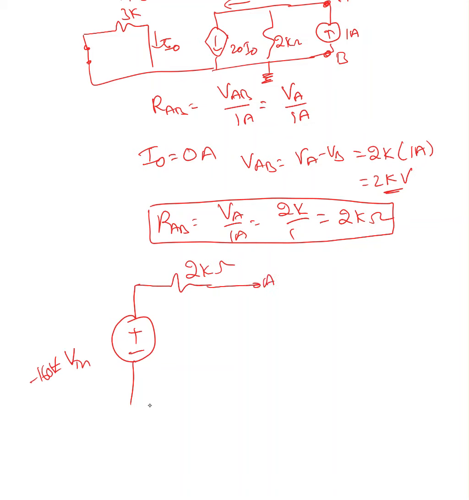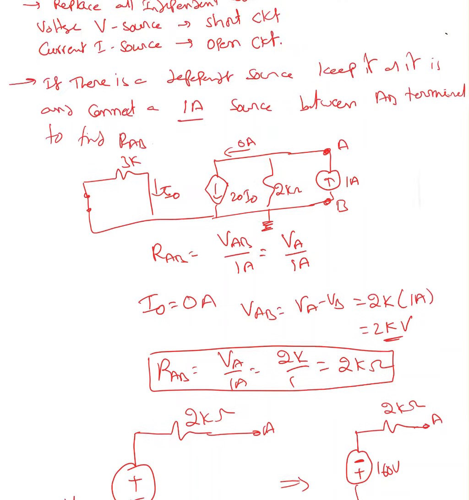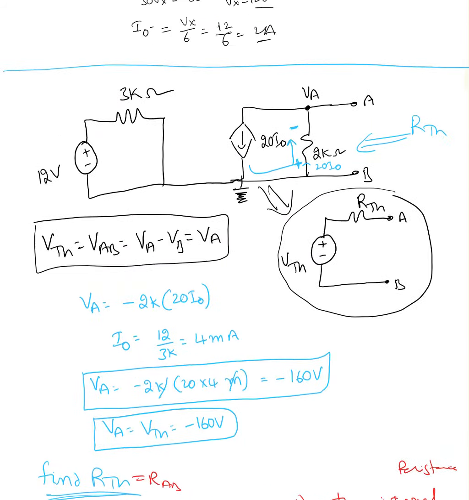Here is my A terminal and B terminal. I can read this as minus plus 160 volt. So basically B has higher potential than A. That's all it is, with 2 kilo ohm. This is the Thevenin equivalent circuit of this given big circuit.